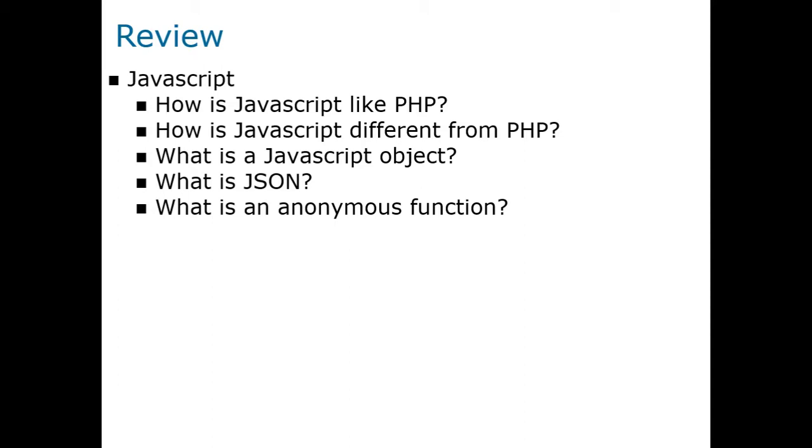All right. Last but certainly not least, what's an anonymous function? Who can describe what an anonymous function is to me? So what does it mean for something to be anonymous in general? If I just say the word anonymous, what does that mean? Nameless. So an anonymous function is a function without a name, right?